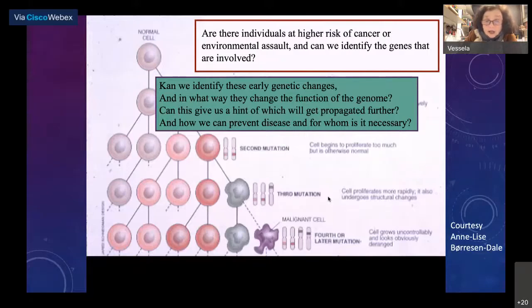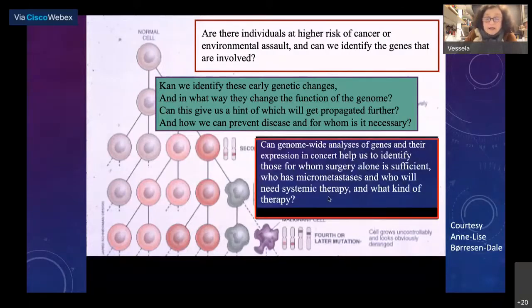How can we use them diagnostically? And then further on, with the technology giving us the possibility to do this analysis in a genome-wide fashion, the question is, can we use this analysis and their expression in concert to help identify those patients in which surgery alone could be sufficient to treat a disease, and those who may need a little bit more, either chemotherapy or some other treatment modality.